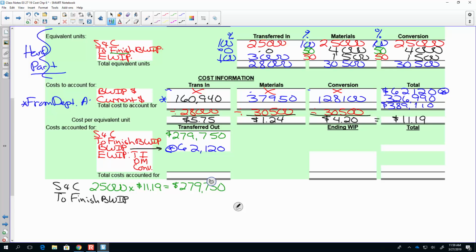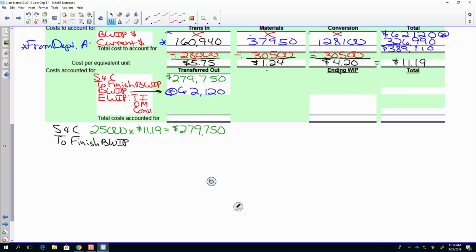But I had 4,000 here and I had 4,000 here. So 4,000 times $1.24, 4,000 times 4.20. Basically, you're looking at whatever has a number in it in step 2.